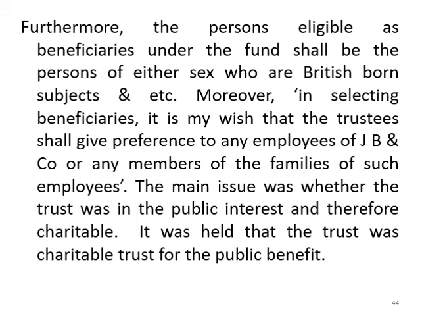But here, the preference was given to the employees of JB and Company and members of the family of such employees. The main issue was whether the trust was in the public benefit, and therefore a charitable trust. It may amount to a charitable trust. And the court held that the trust was a charitable trust for the public benefit.